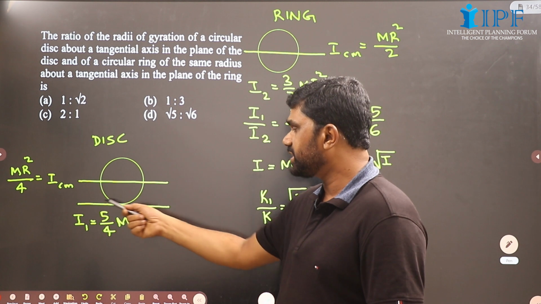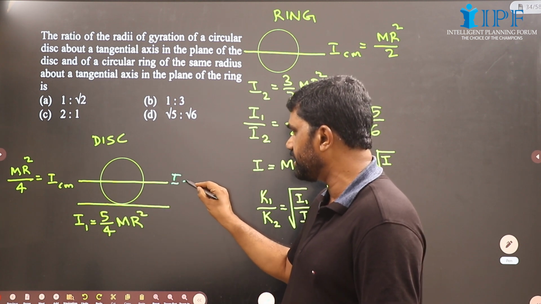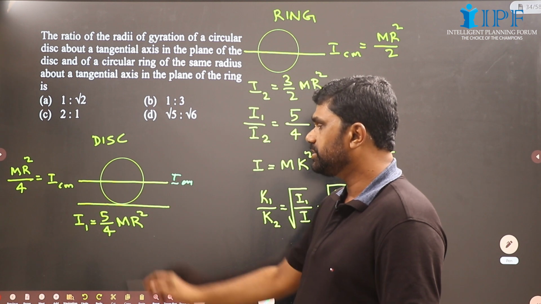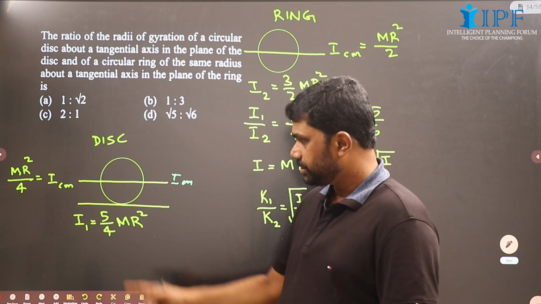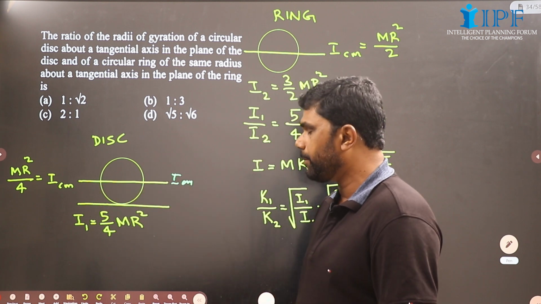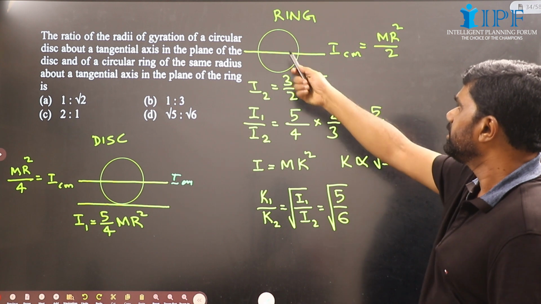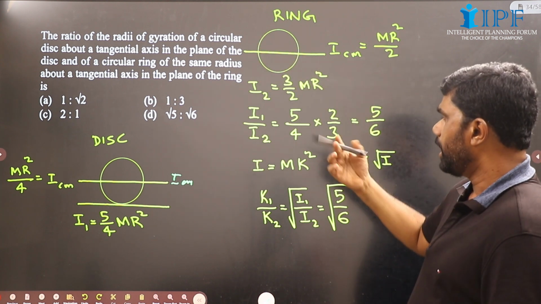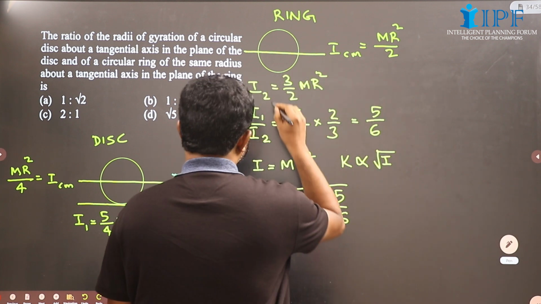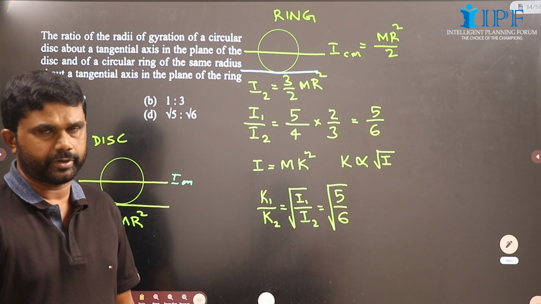This is an axis parallel to the axis passing through the center of mass, I_CM, and this is I. So I equal to I_CM plus m a square. So m r square by 4 plus m r square, that will be 5 by 4 m r square. And for a ring, this I_CM about the diameter is m r square by 2, and about this axis, it will be 3 by 2 m r square.